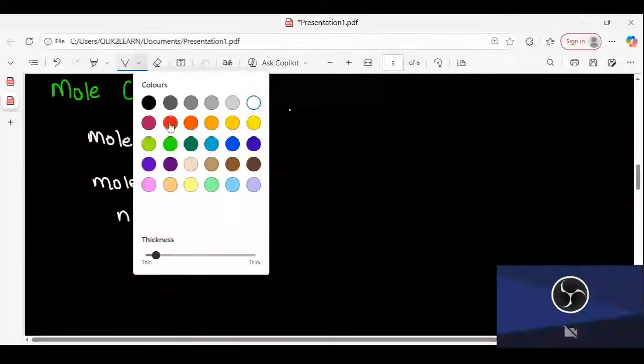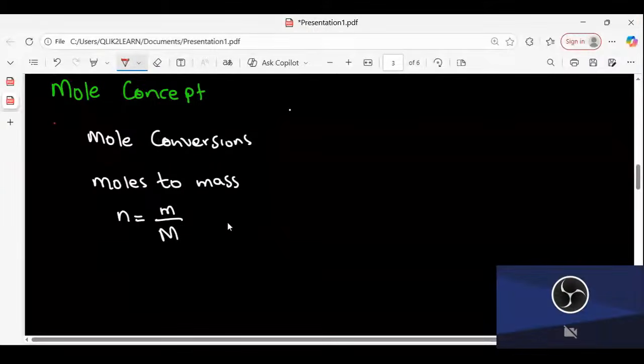We're going to do multiple questions on those things. So this one is the mass, and this will be our molar mass. I'm going to show you how to calculate that. And then we have n as the number of moles.